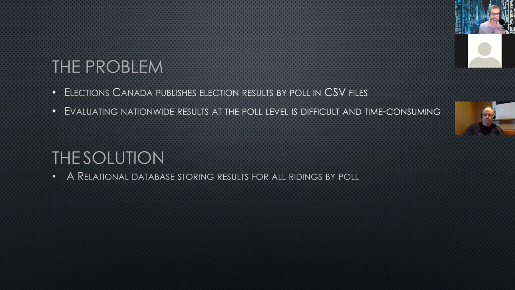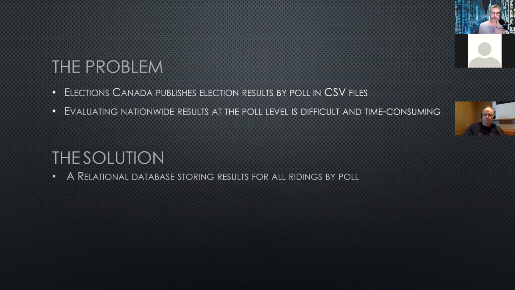And so what that is, is the election results in every single poll in every single riding in Canada. The format that they use to do that is a single CSV file summarizing the results in that particular riding or electoral district. So you'll get a package of 338 CSV files.